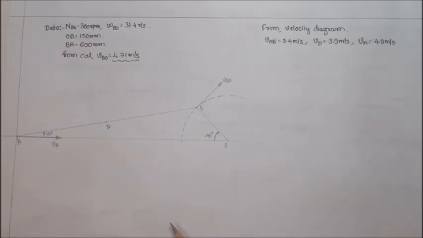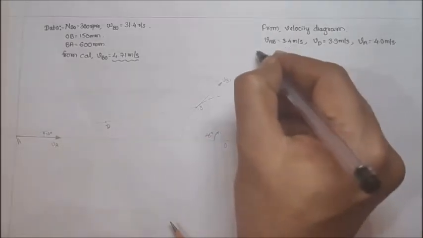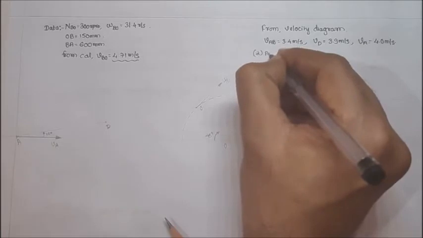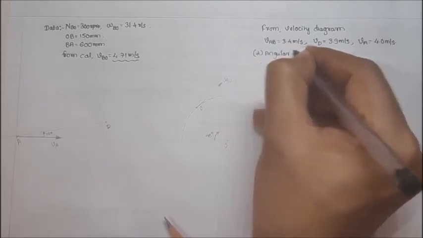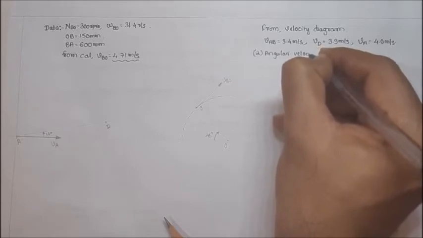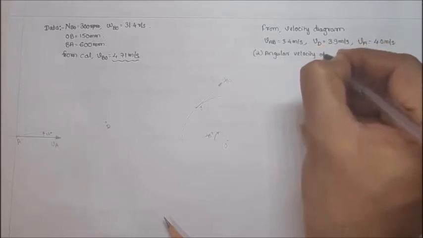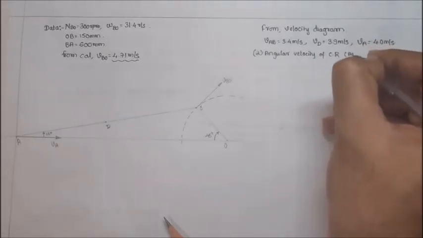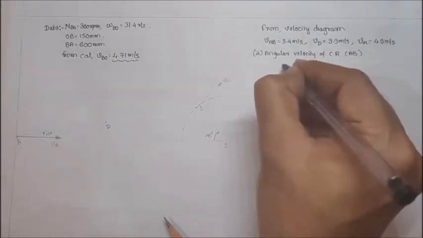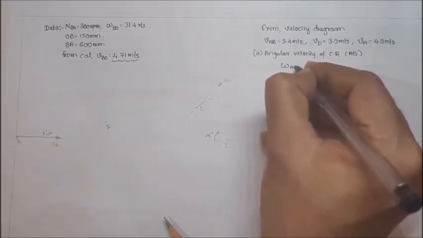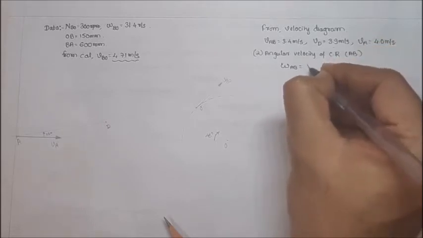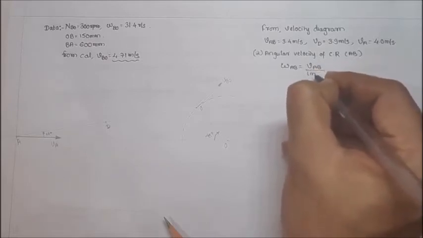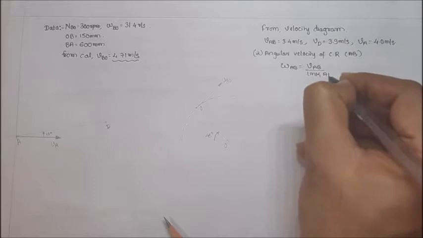Now we require to find out the angular velocity that was needed. So we'll write here the second point which was needed, the angular velocity of the connecting rod AB, that is omega AB equal to linear velocity AB by link AB.